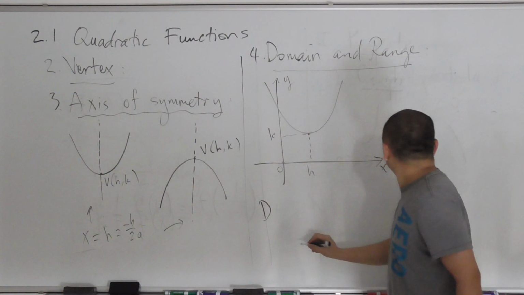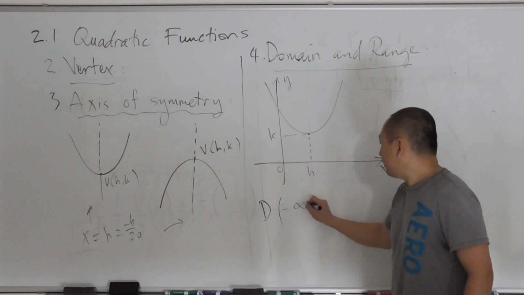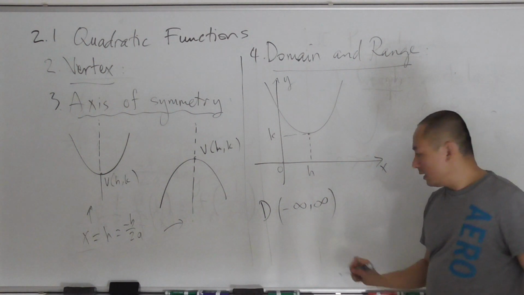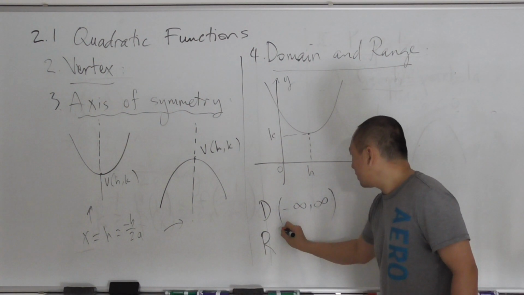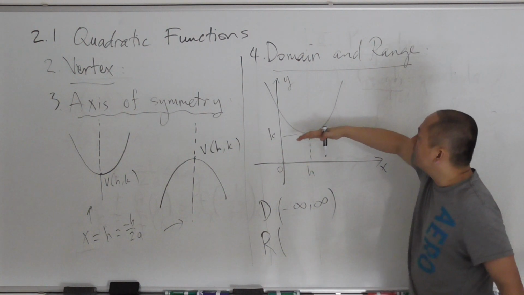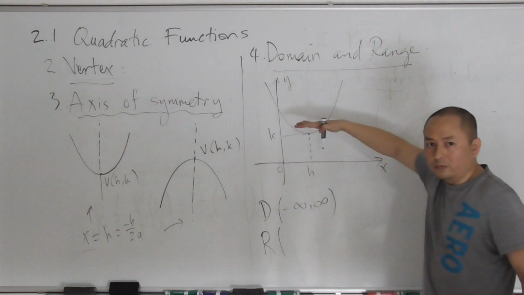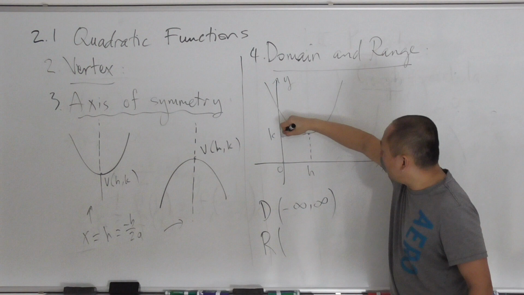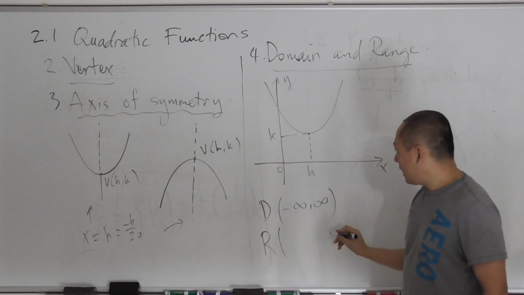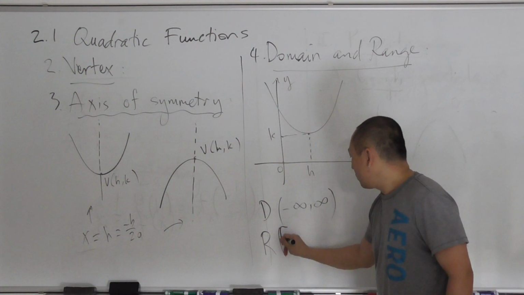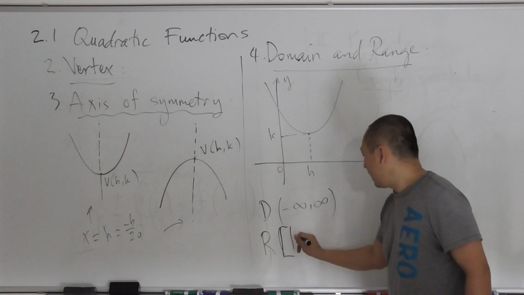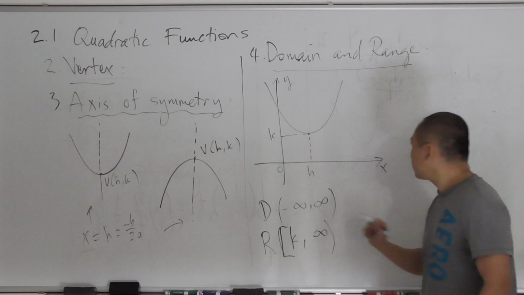So the domain is going to be all the way from negative infinity to positive infinity. And the range is going to be the y values, up and down. It can go up forever. It's not going to go down forever. It stops at y equals k right here, and it's including k, so we're going to use a square bracket. This one is from k to positive infinity.